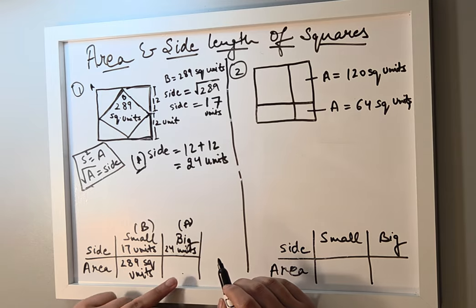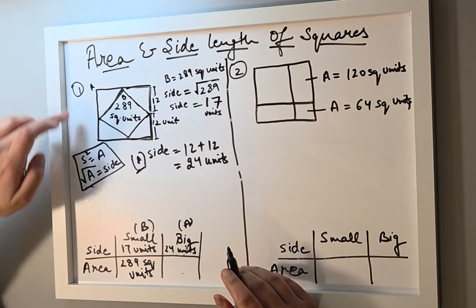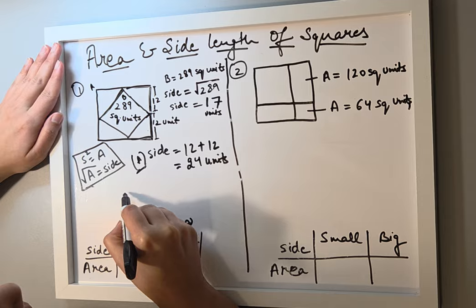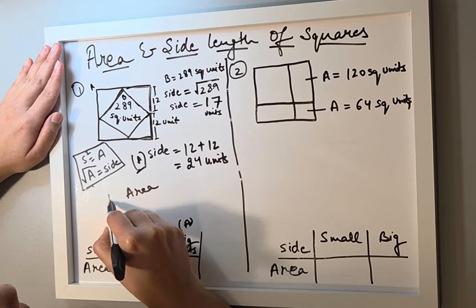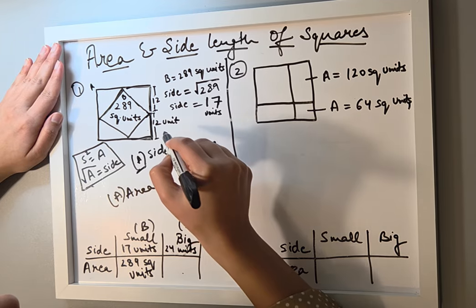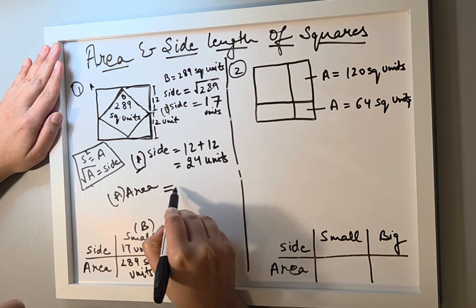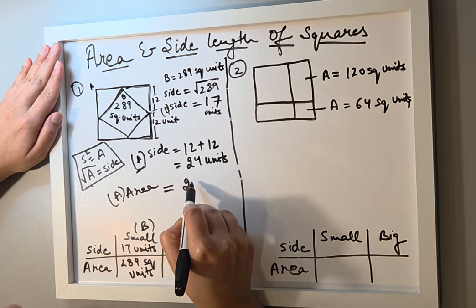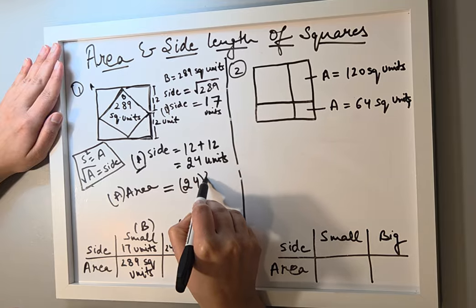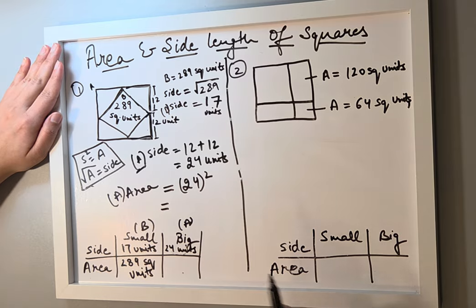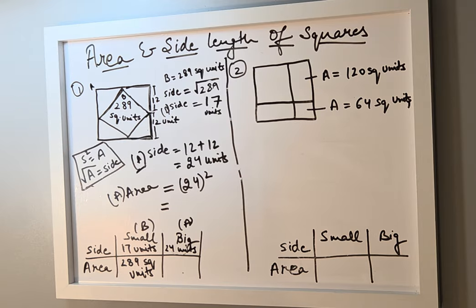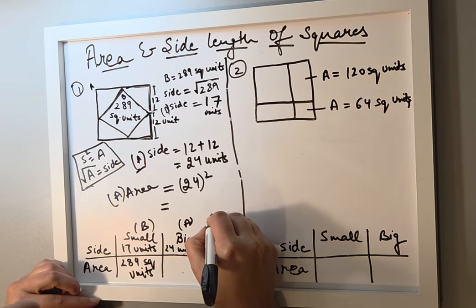And now, if we want to find the area of the big square, it's pretty simple. So this all was for B. If we want to find the area for A, we just have to do 24 squared. So what will be the answer for 24 squared?